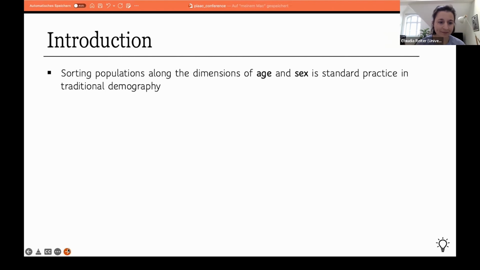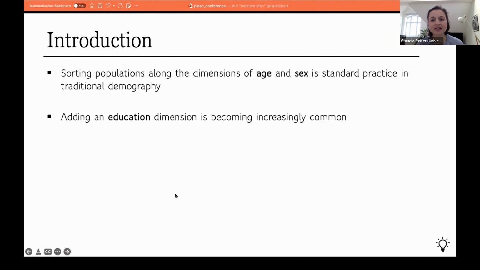More recently, it has become increasingly common to also add an education dimension to these population distributions, especially at my institute at the University of Vienna, which is also part of the Wittgenstein Center, a major demographic research center in Vienna focusing on demography. We have a long history in adding an education dimension to multidimensional demography and studying population distributions.